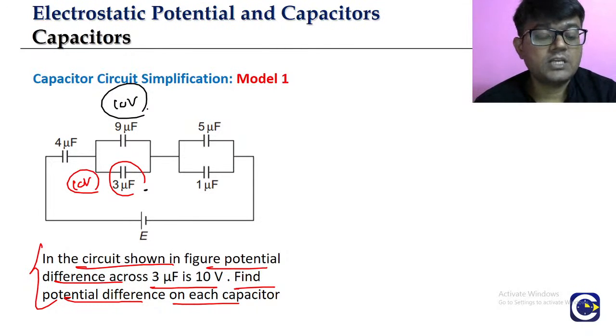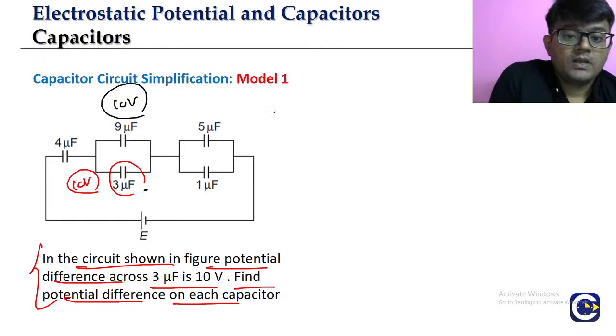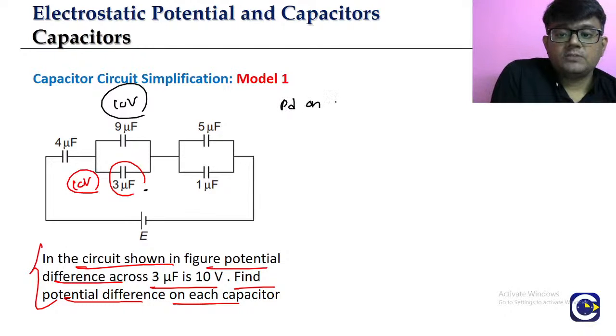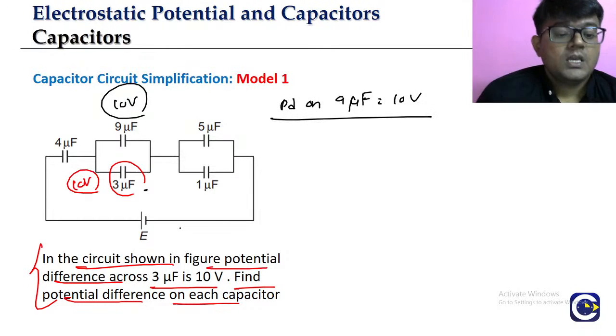Potential difference on the 3 microfarad? 10. 9 and 3 are in parallel, so the potential difference on 9 will also be 10. Okay? So the potential difference on the 9 microfarad is 10 volt.